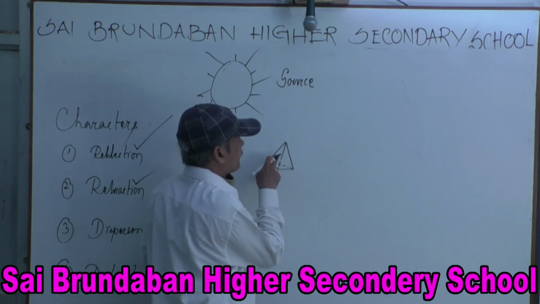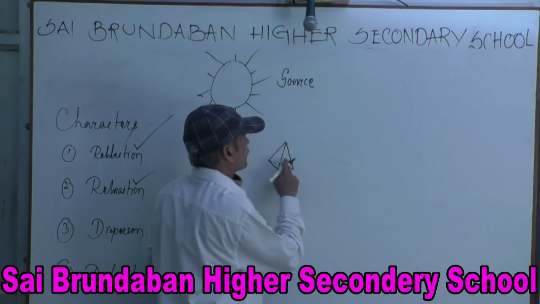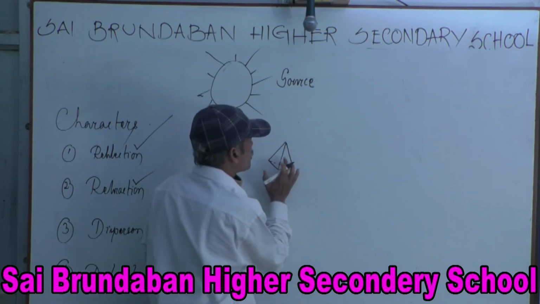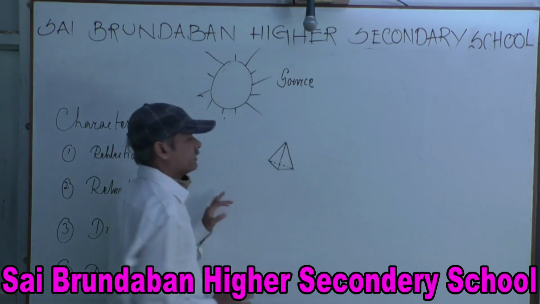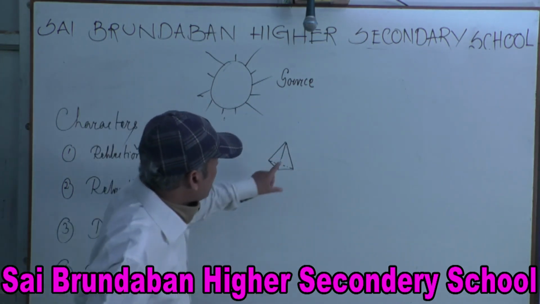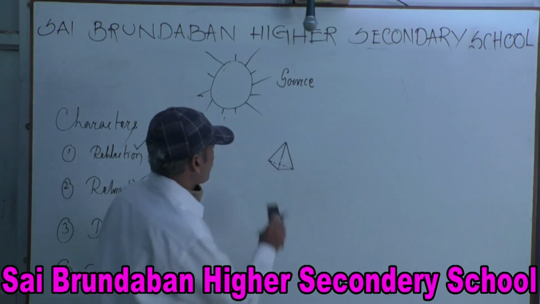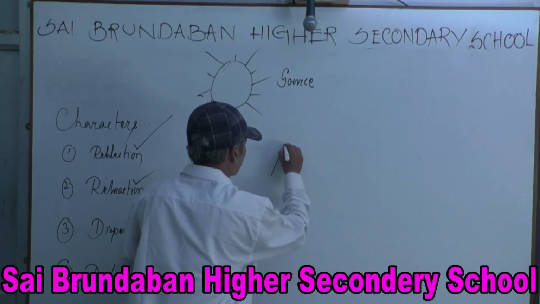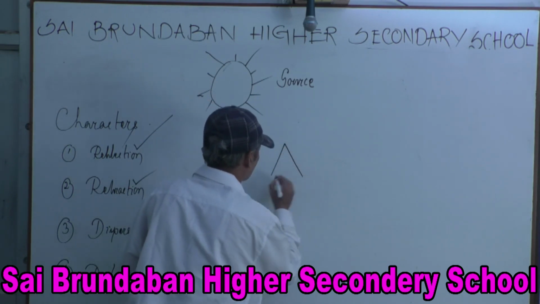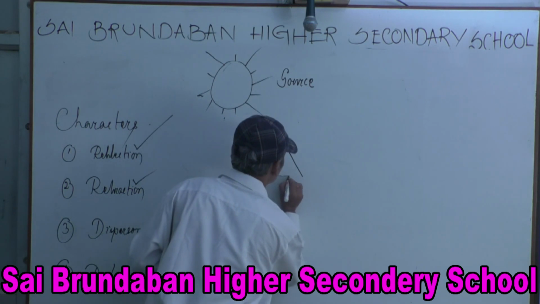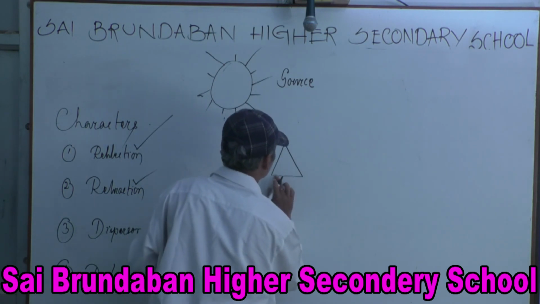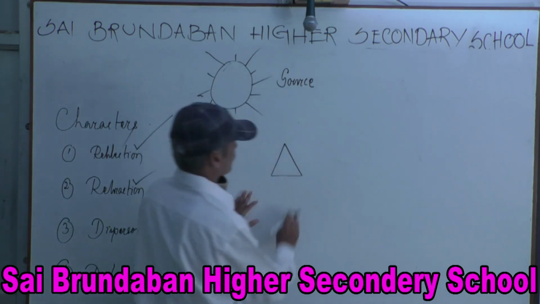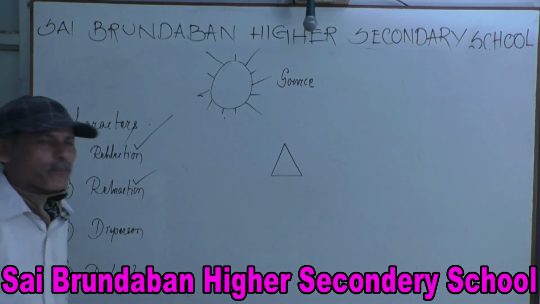This base is a triangle, this base is another triangle, and opposite to this there is another triangle. So 1, 2, 3, 4, there are four faces. Let's take this as the front face of a prism.